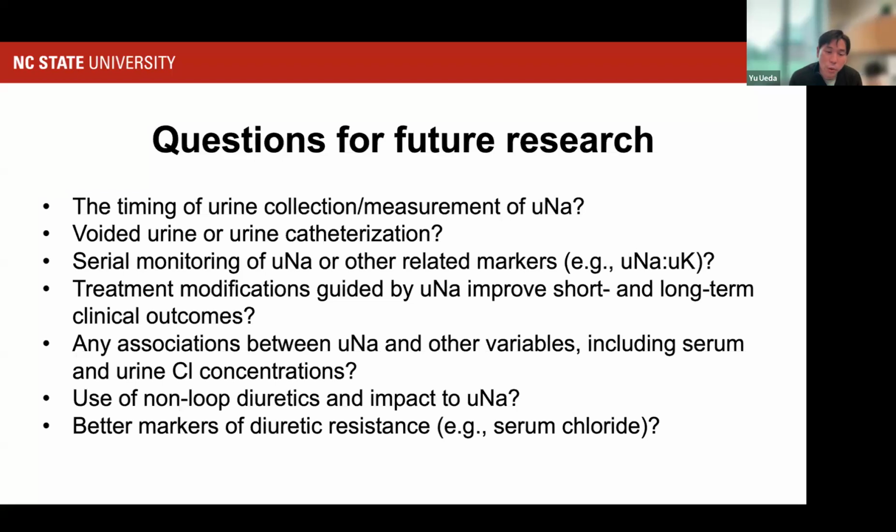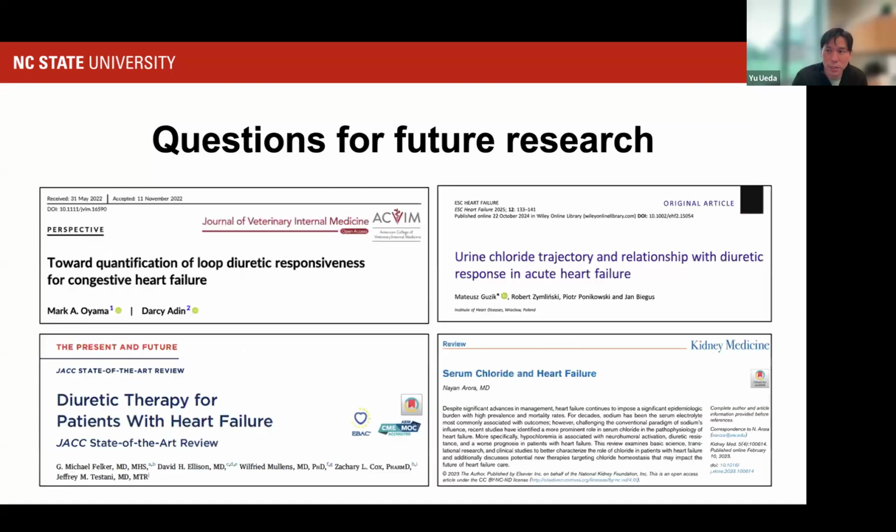And again, as we talked about during the discussion, we focused on urinary sodium concentration. There is a lot of evidence about urinary sodium concentration as a marker of diuretic resistance. But is it actually better to look at serum chloride or urinary chloride concentrations, like we talked about during the discussion?